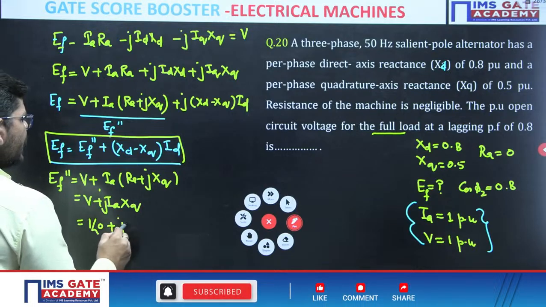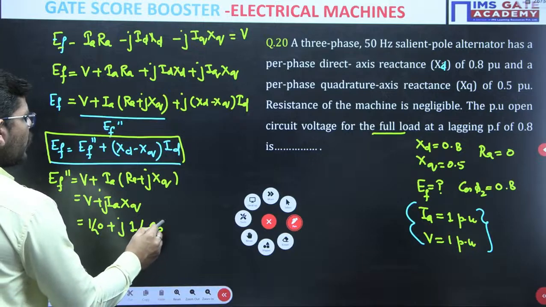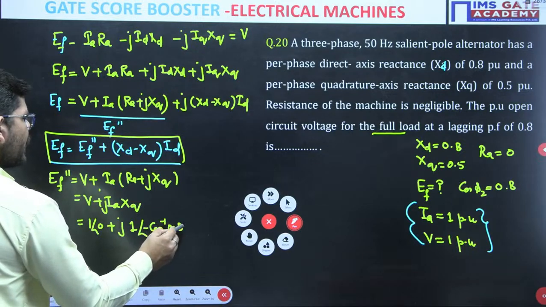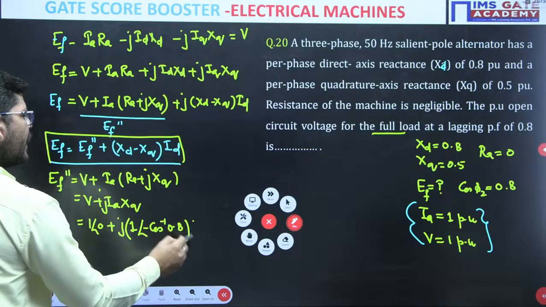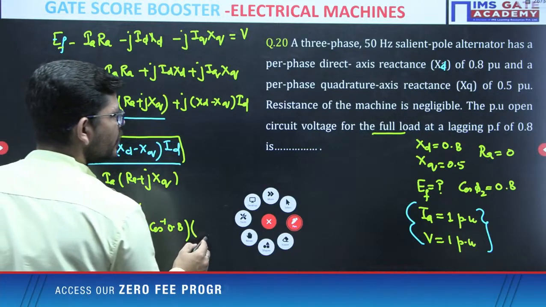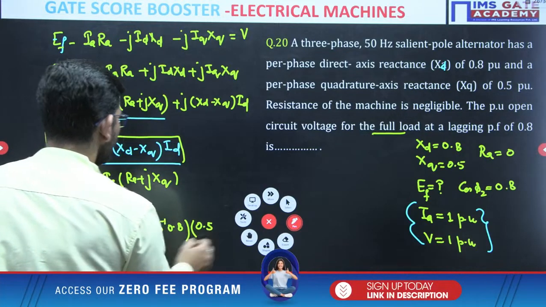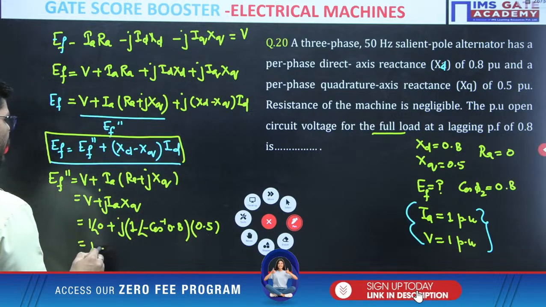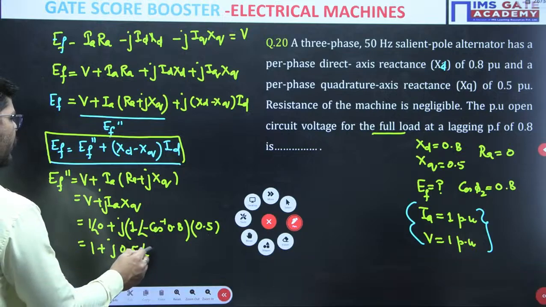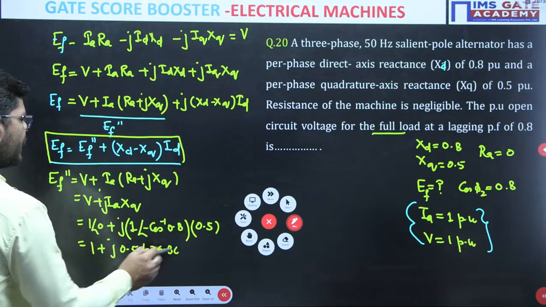IA will be 1, and the power factor is lagging, so the current is 1 at angle minus cos inverse 0.8, and XQ value is given as 0.5. So you can write it as 1 plus J 0.5 at angle minus 36.86.